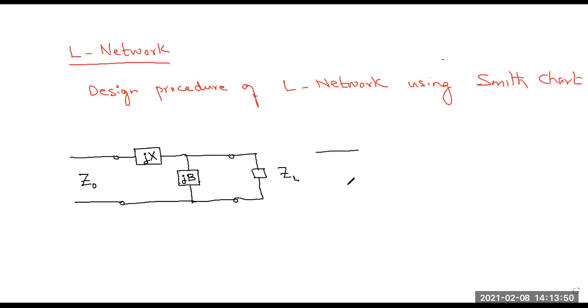And the second possibility is, if you move from left to right, the first reactive element is connected in parallel, and then we connect the series reactive element, and then we will have a load.